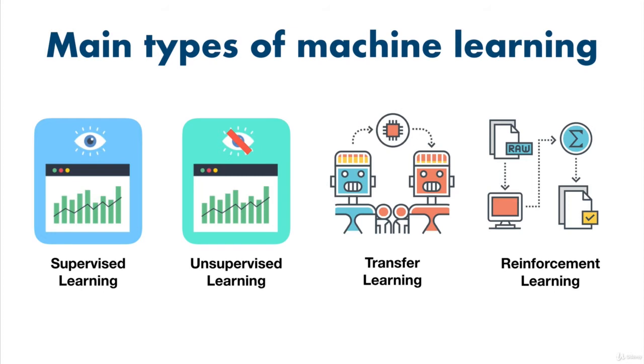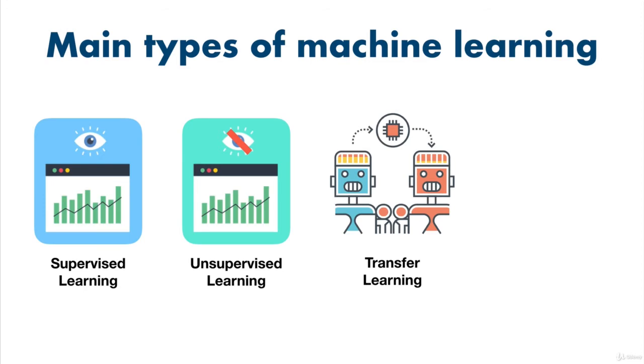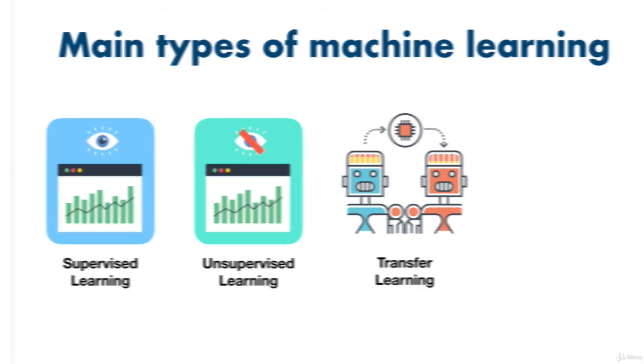We're going to be focused on supervised learning, unsupervised learning, and transfer learning. Why? Because these are the most common ones you'll come across in practice. And they're the ones, when I was a machine learning engineer or when I work on machine learning problems, that have proven time and time again to be useful.